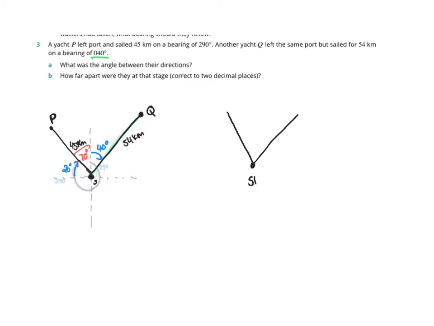This was the start, this is where P is, and this is where Q is. If I add those two angles, 70 and 40, I know that this must be 110 in there. Also, this is 45 and this one's 54. Alright, so what is the angle between their directions? We just worked that out. It is 110. And how far apart are they at this stage?